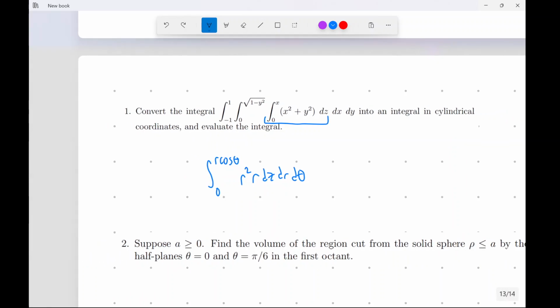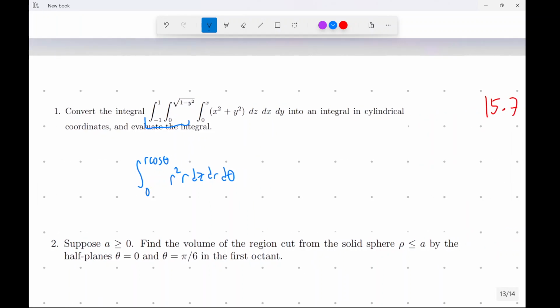And so now we're going to focus on this part of the integral where we have y going from -1 to 1, that's here to here, and then x going from 0 to root 1 minus y squared. And so we should probably figure out what curve this represents here.